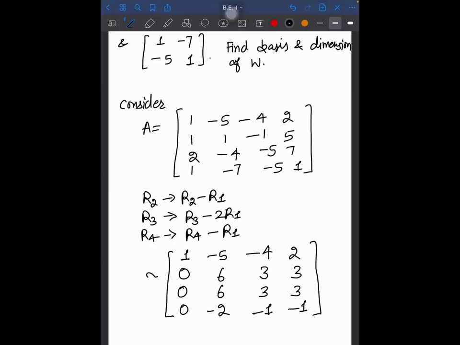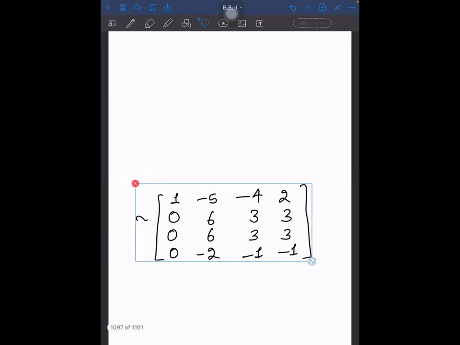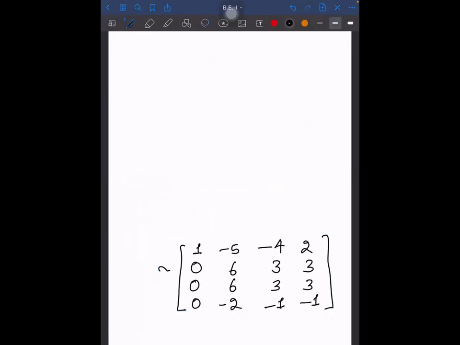Yes, sir. So now you see that most of the rows look similar, and we know that out of these, 3, 2 can simply be discarded. So operate R2 plus 3 times R4, and R3 plus 3 times R4. What do you get?